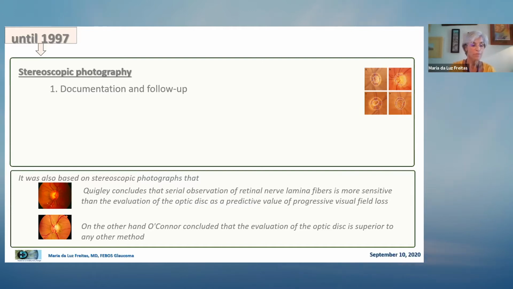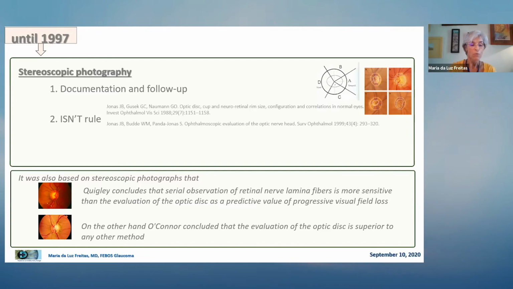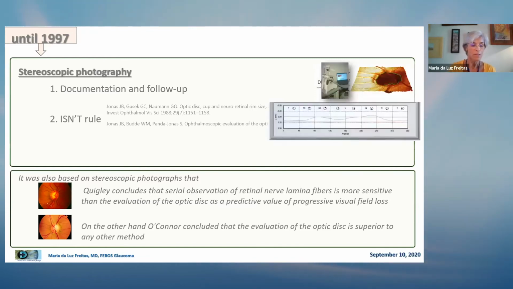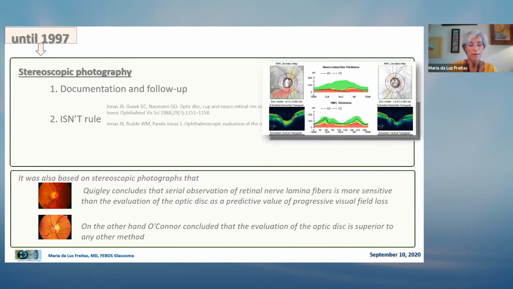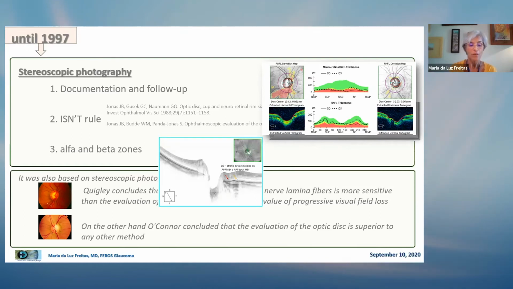The alterations found in the neuroretinal rim of glaucoma eyes and the description of the ISNT rule were the basis of the development of the HRT and the study of the peripapillary RNFL alteration. The peripapillary atrophy, so well described by Jonas, was later identified in high-definition imaging of the OCT.